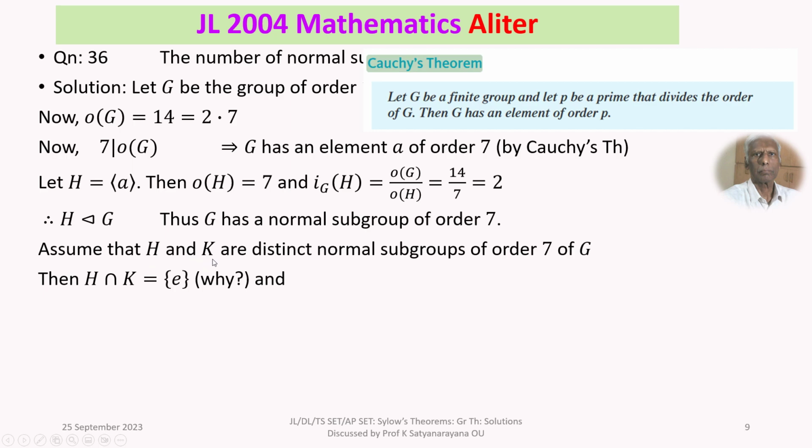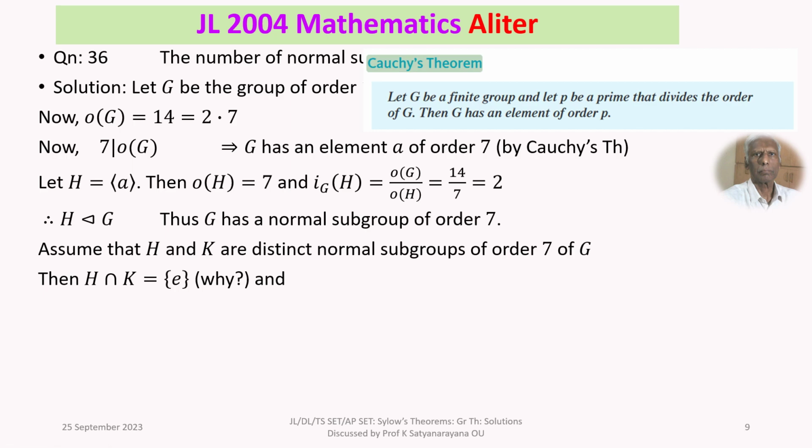H and K are subgroups, so H intersection K is also a subgroup of H and of K. By Lagrange's theorem, the order of H intersection K must divide the order of H and the order of K. That means it must divide 7, so the order of H intersection K can be 1 or 7.